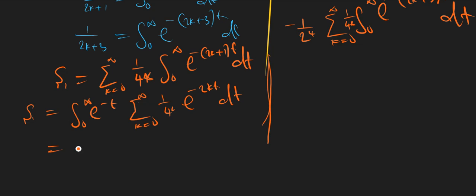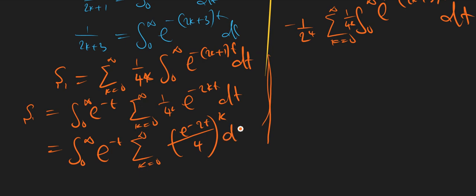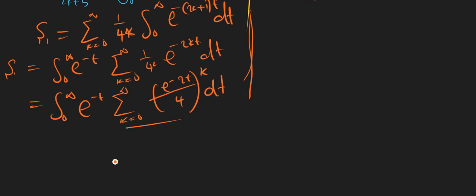So here you would have the integral from 0 to infinity of e to the negative t times the sum as k runs from 0 to infinity of, because of the factor of 4 to the k, we can write this as e to the negative 2t, all divided by 4, all to the k power dt.